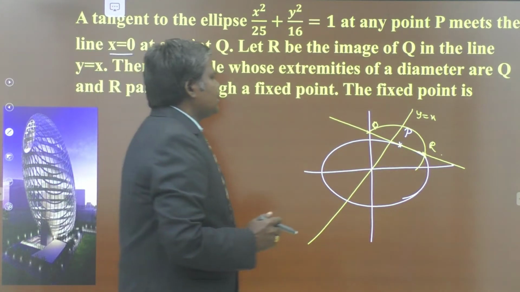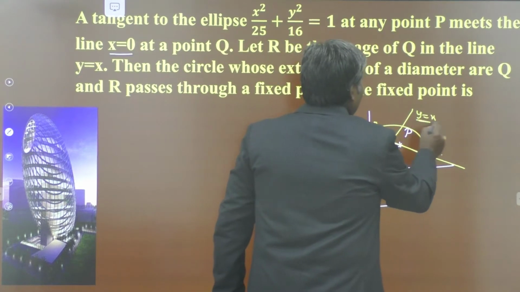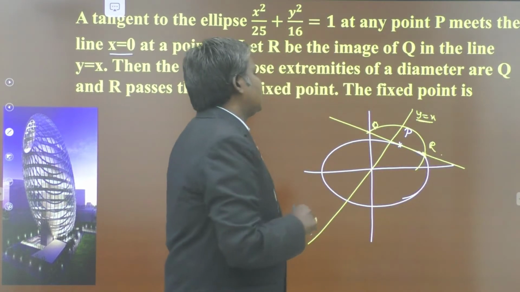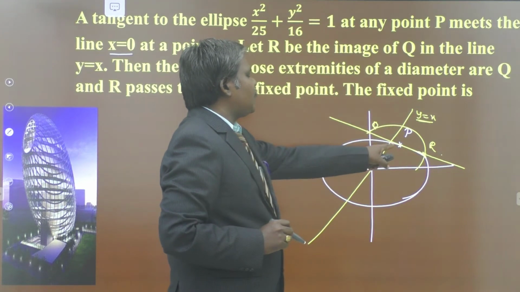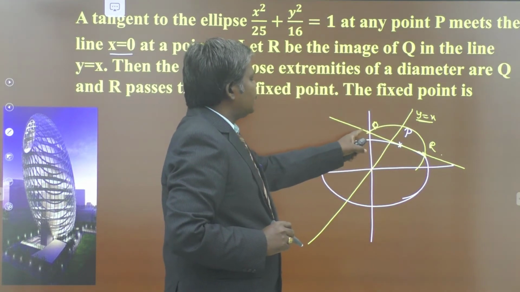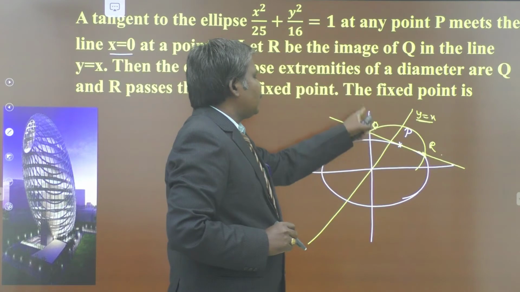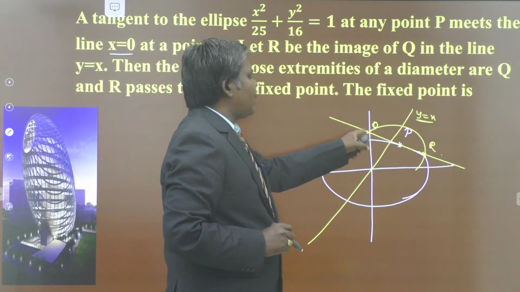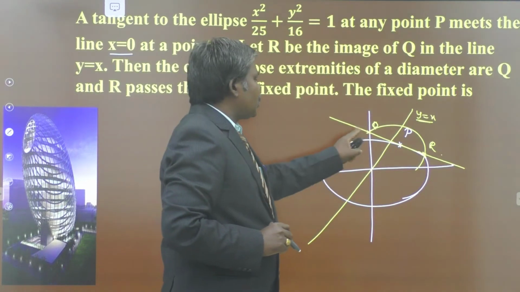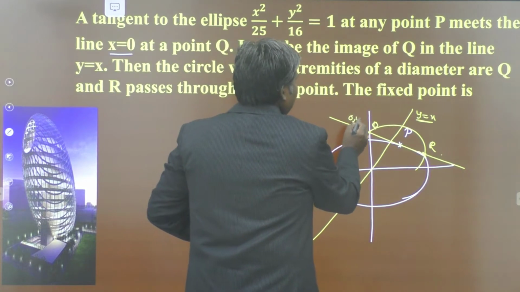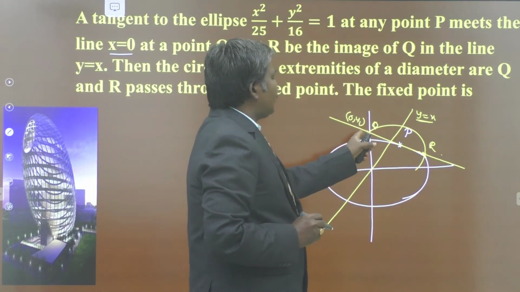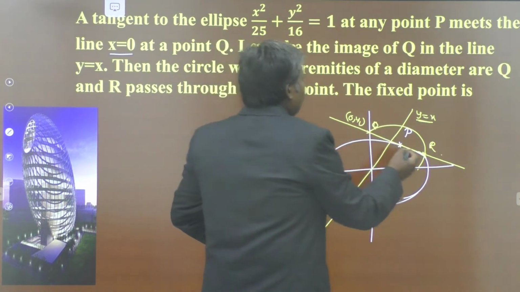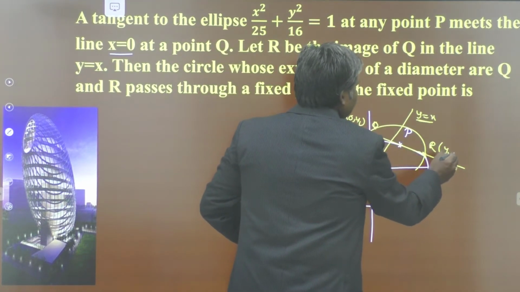Understand? This is the line y equal to x. Without doing the problem, you can guess it. This is any point; whatever it may be, its tangent intersects the y-axis at some point (0, y1). Am I correct or not? It is of the form (0, y1). What is the image of (0, y1) with respect to y equal to x? That is (y1, 0).